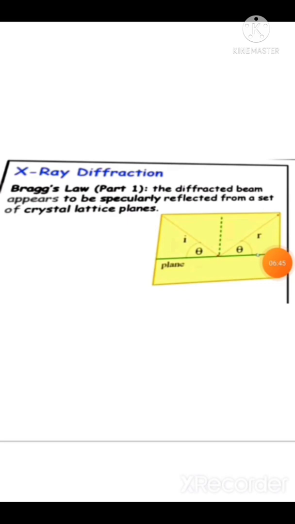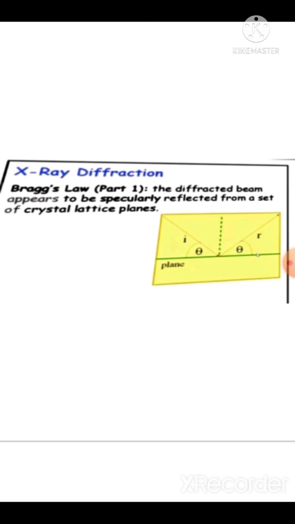We know the laws of reflection. Here is one plane represented by green color. The dotted line represents the normal which is drawn to the surface. Whenever any radiation is incident on a surface, it makes an angle with the surface known as theta, called the angle of incidence.